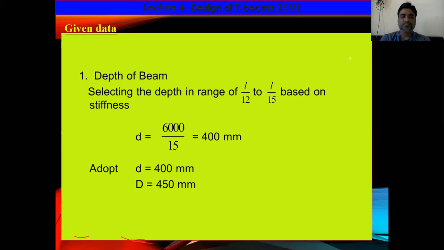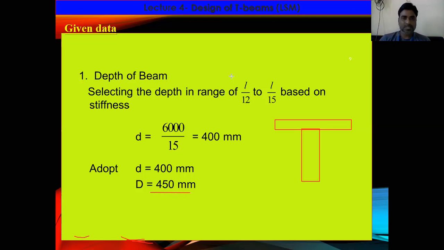So my L is 6000 by 15, that is equal to 400 mm. Therefore, assuming that the effective cover is 50 mm, the overall depth is 450 mm.